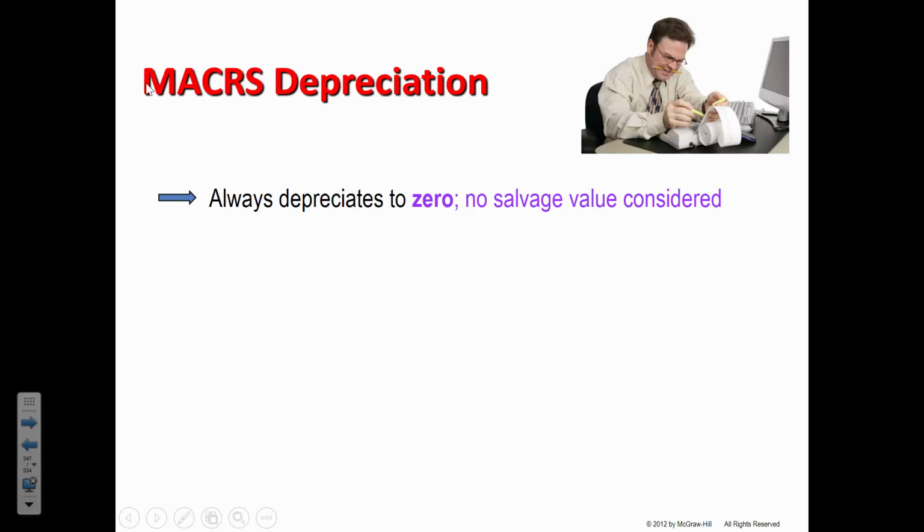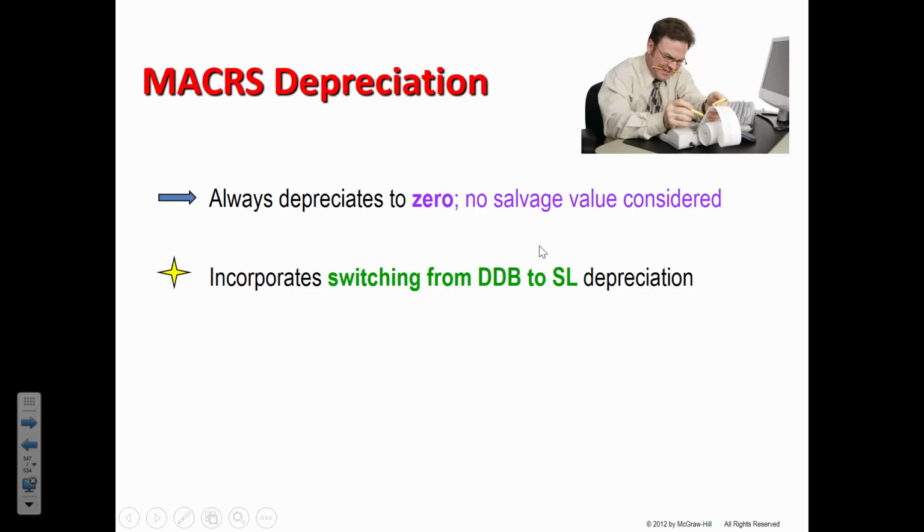Here, this blend of both says that we always depreciate to zero, which is something that declining balance didn't do. So in Modified Accelerated Cost Recovery System, it never considers a salvage value, and it starts with double declining balance. That's what DDB stands for, double declining balance. In the percentage formula that was shown in the video, and it's in your notes, for double declining balance you'd assume that the percentage is 200.